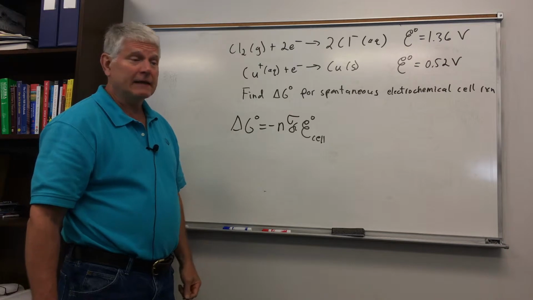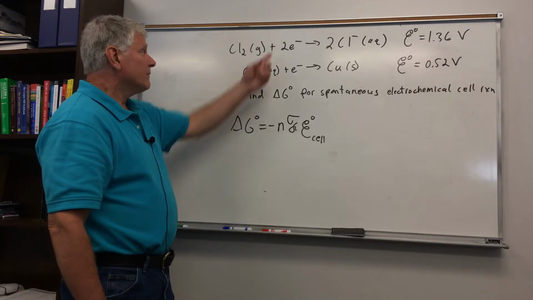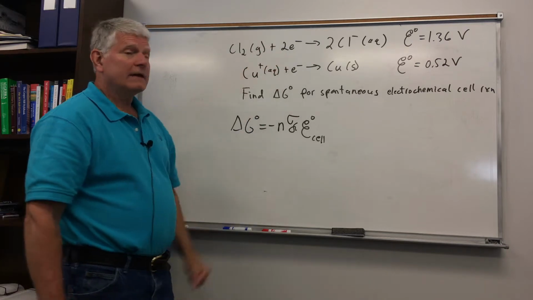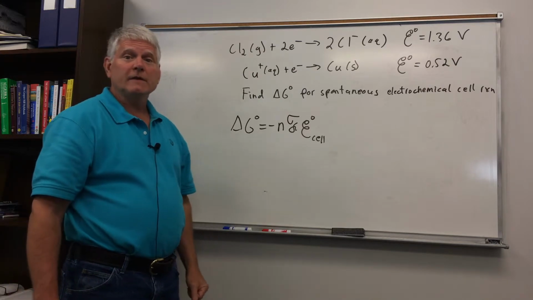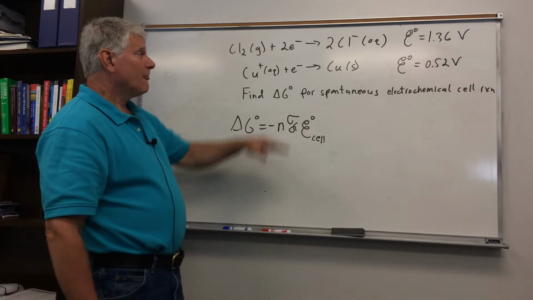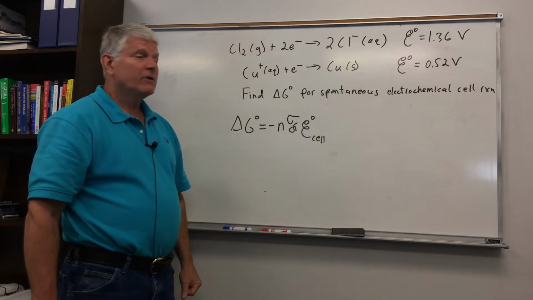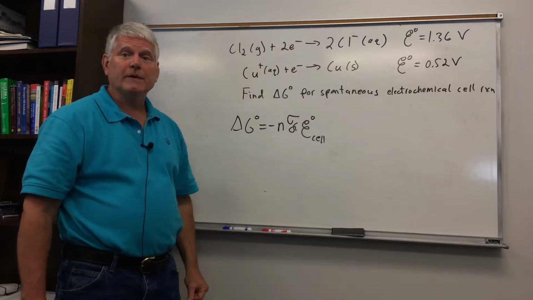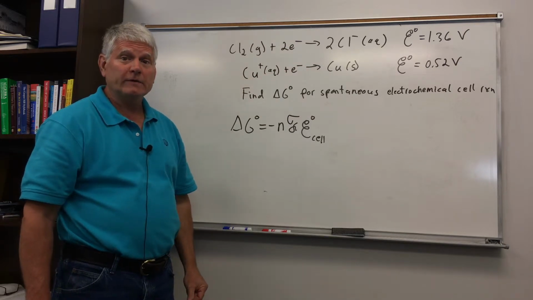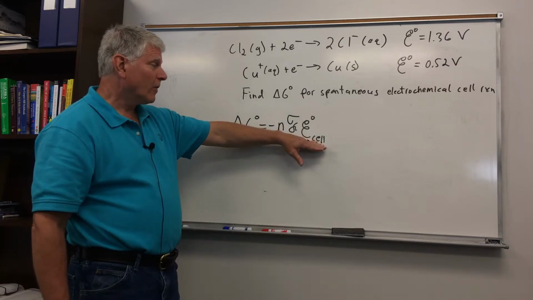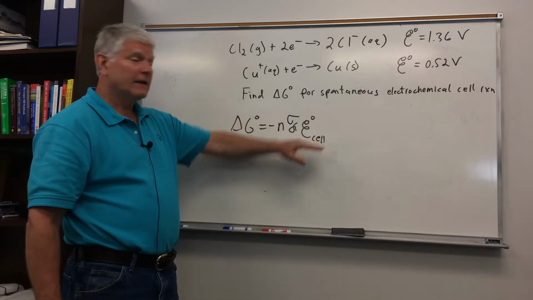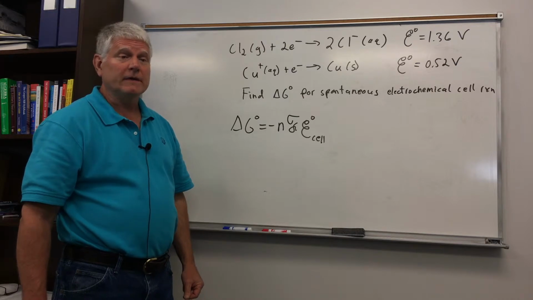delta G negative. So we'll have to arrange these half cell reactions so that one is an oxidation, the other a reduction, and when we add the two half cell potentials, oxidation plus reduction, we want to get an overall standard cell potential that is positive.